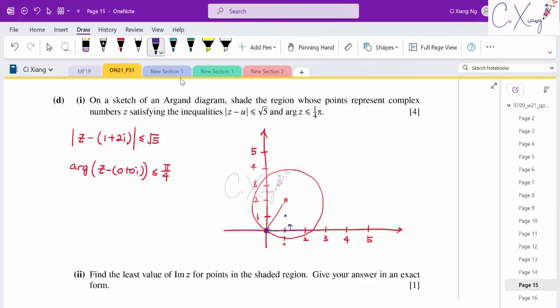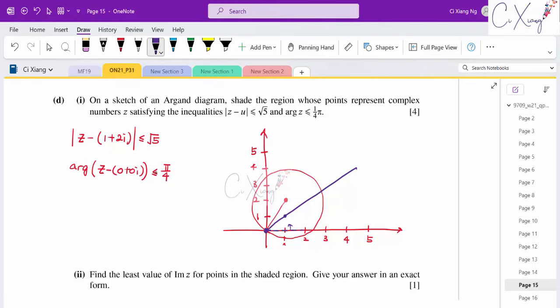Maybe you can plot your point here, which is 1 and 1. Then you draw a line going in this direction. So this purple line is actually argument of z minus 0 plus 0i equals pi over 4. And in our inequality here, they are saying that it is smaller than pi over 4.